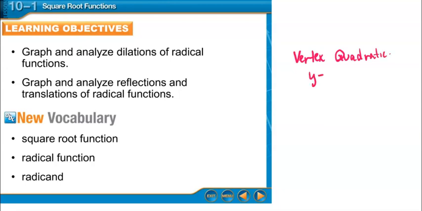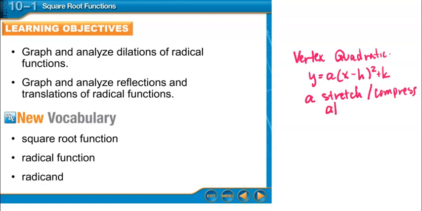The vertex form is y equals a(x minus h) squared plus k. Remember, a is the stretch or compress. If the absolute value of a is greater than 1, it's a stretch.